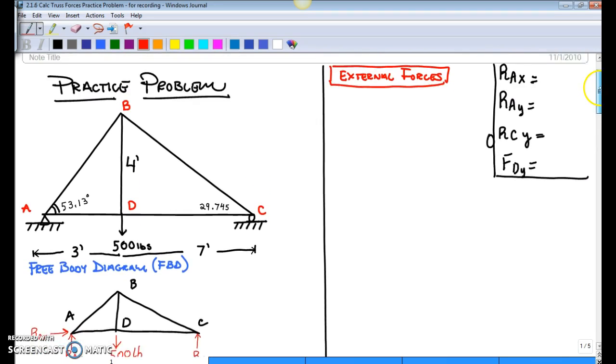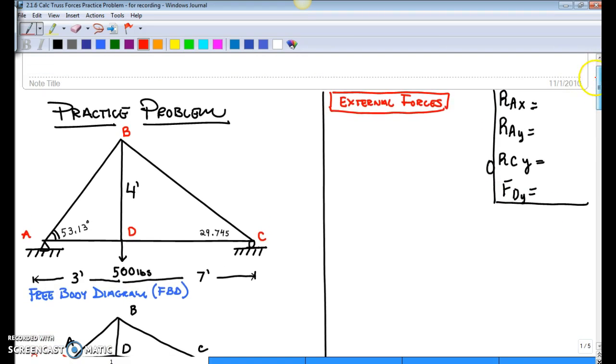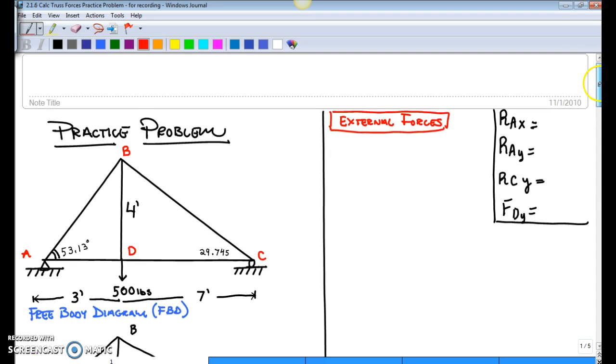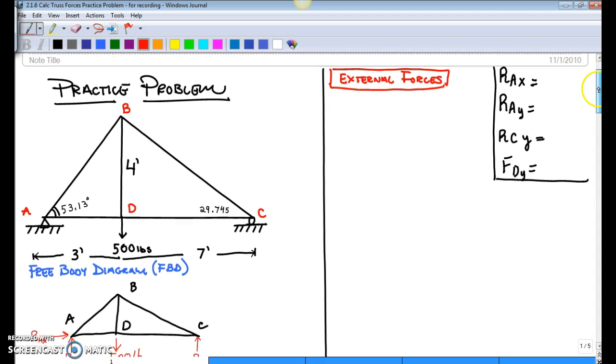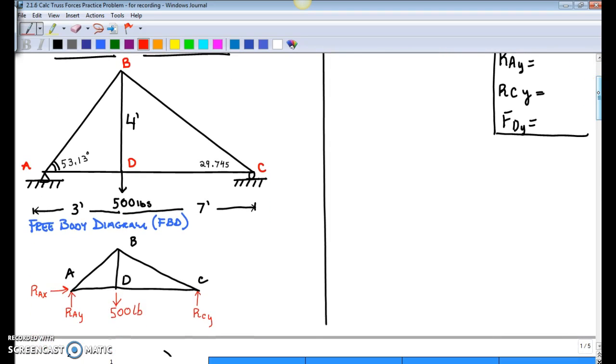So if you look, we have this external forces table. What I'd recommend you do is take the table somewhere on your page, put a little boxed-in area, and list out all the unknown values. You want to take the reaction forces and the given forces.